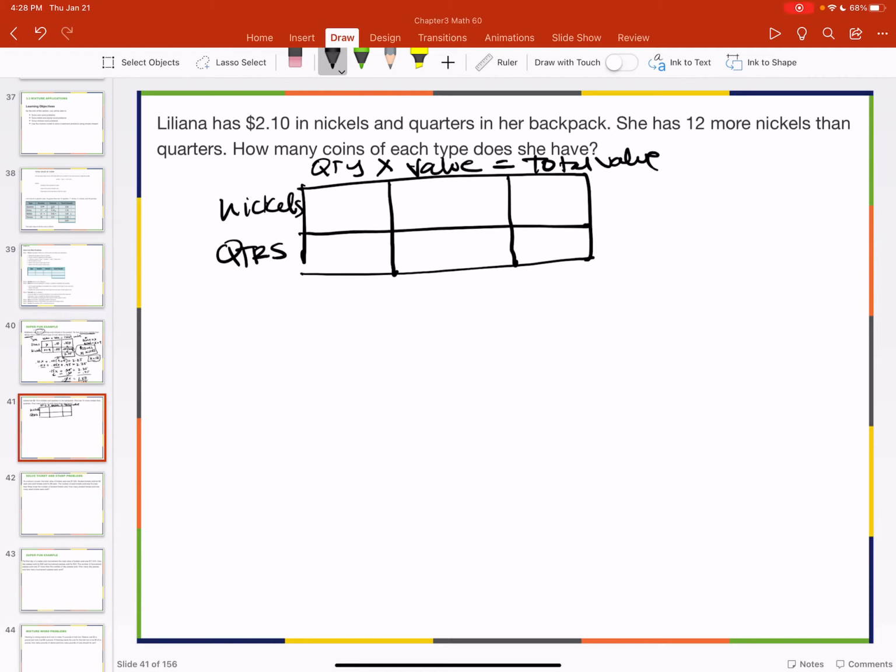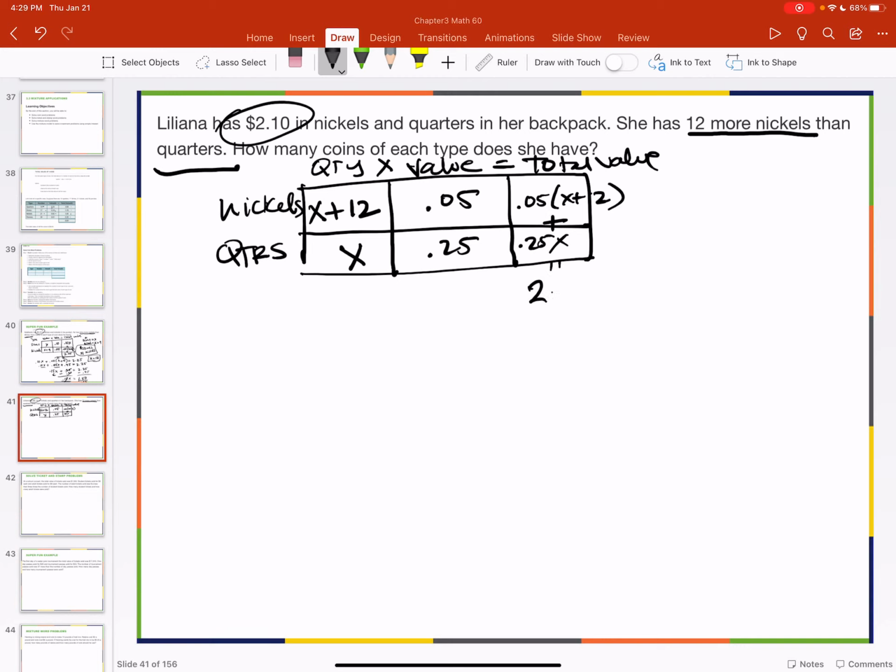If quarters is x, there are 12 more nickels, so x plus 12. We know the value of each: nickels 5 cents, quarters 25 cents. We multiply across, and the total value is $2.10.